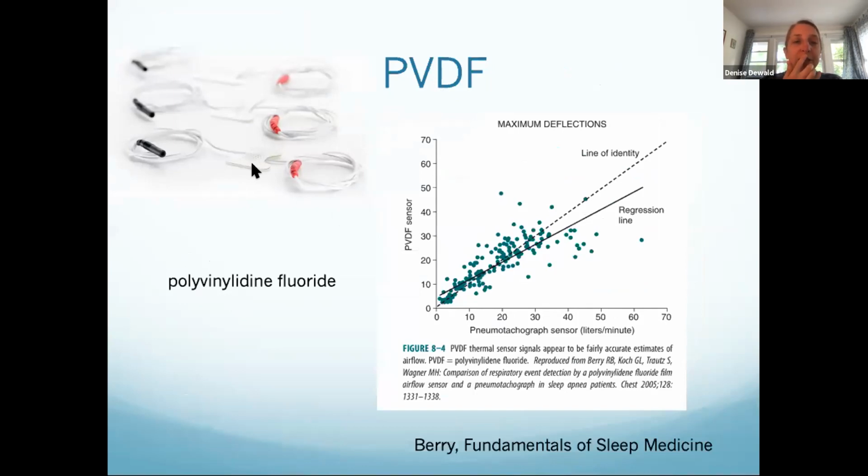It's a combined thermal and flow signal, and it uses electrical signals generated by this film. It's a fairly accurate estimate. When you compare the PVDF signal to the pneumotach sensor, it's very close to linear, very similar, but they're more expensive. So we all use the nasal cannulas.